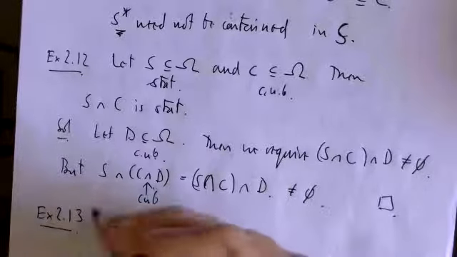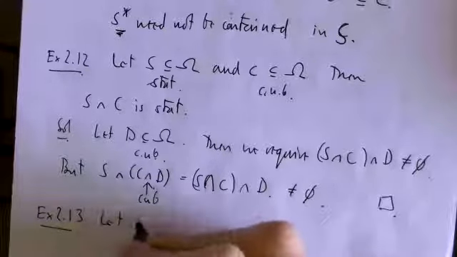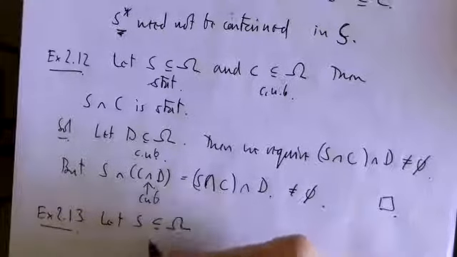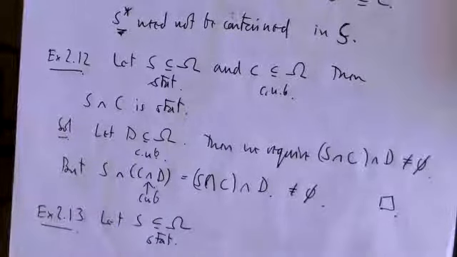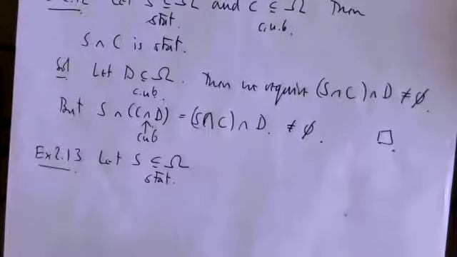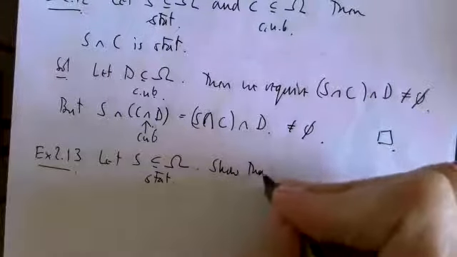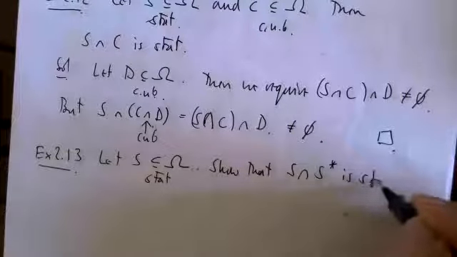213. So again, I've got a stationary subset S of omega here. Show that S intersect S star is stationary.